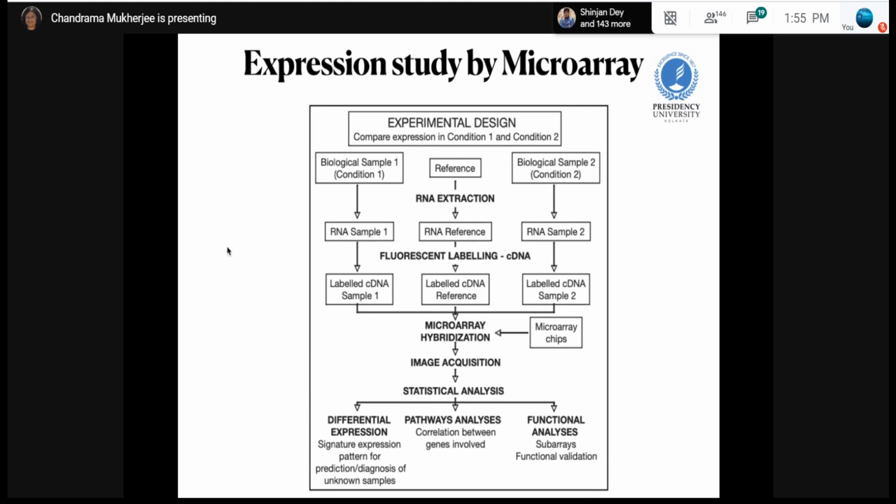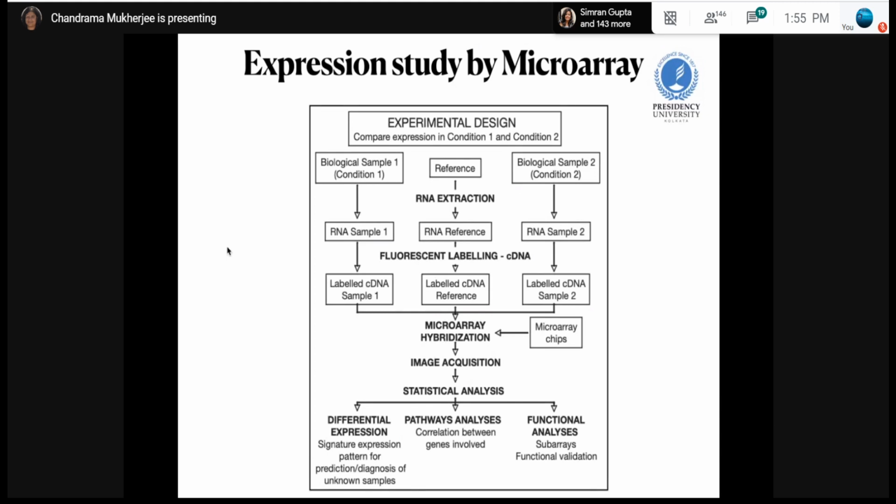So what is a microarray chip? That's a chip where we already have the genetic materials, the DNA probes, from all the different known species already on the chip. The chip is then hybridized with these samples, and image acquisition and analysis is performed.